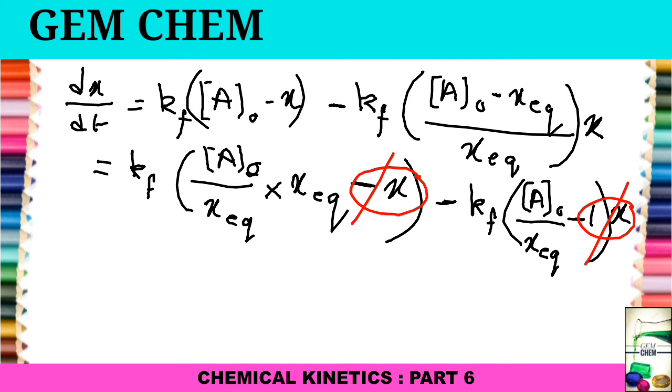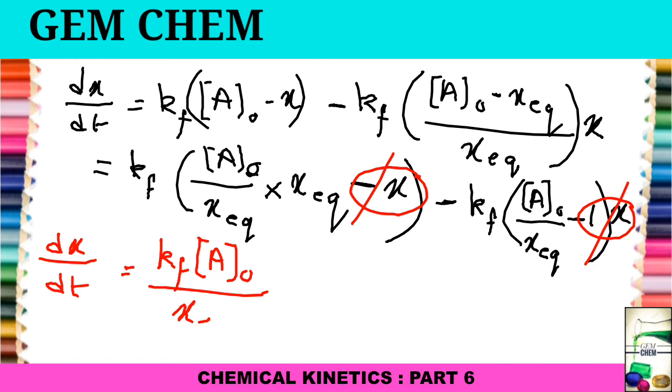So what we are left with is dx by dt comes to be as Kf A naught by X equilibrium minus X. This is what comes, and this is our equation number 5.